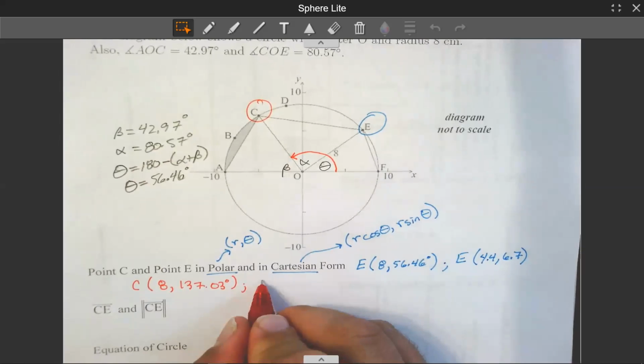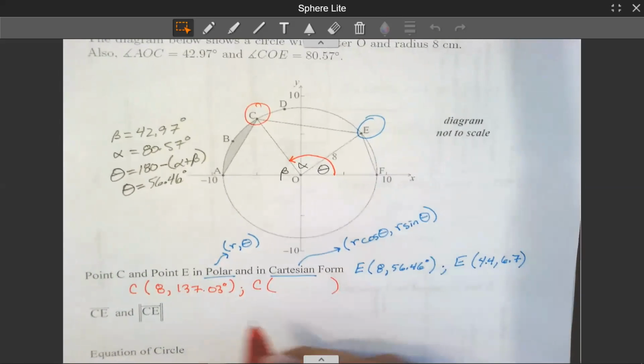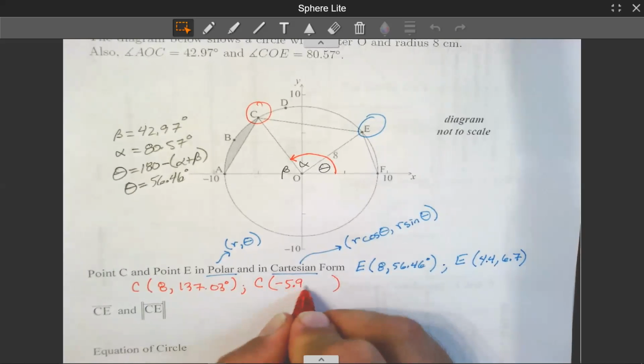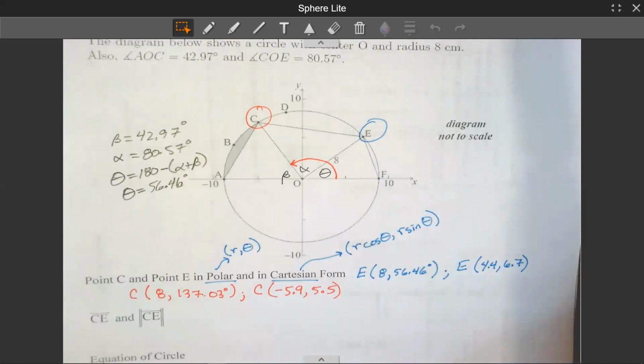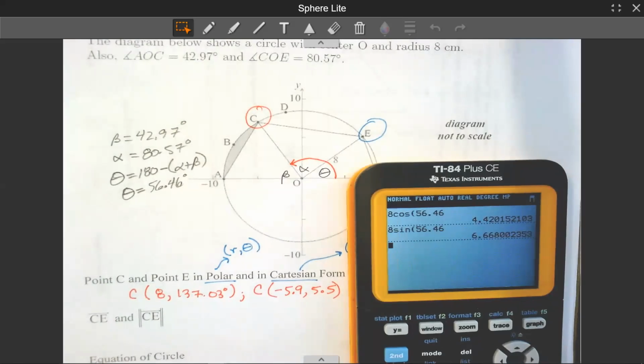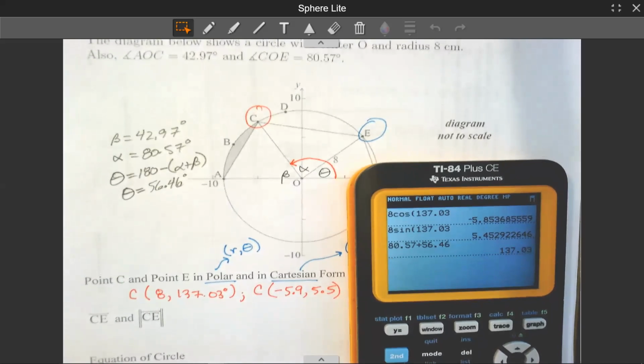And if I did the calculations using the R cosine and the R sine, point C then is going to be negative 5.9 comma 5.5. And that would just once again be using your calculator: 8 cosine 137.03, and 8 sine 137.03. All right, so we can see where those values came from. And once again, 80.57 plus 56.46, that's where we got the 137.03.